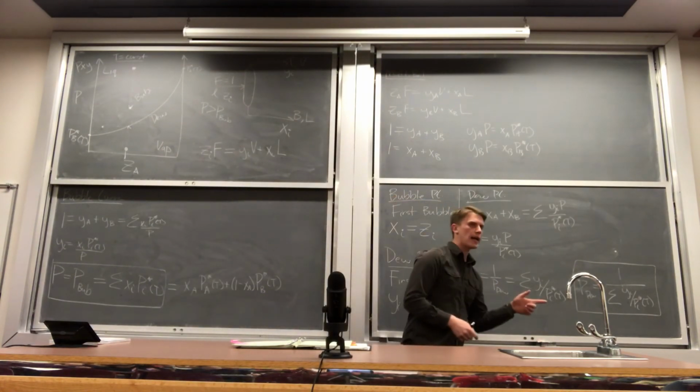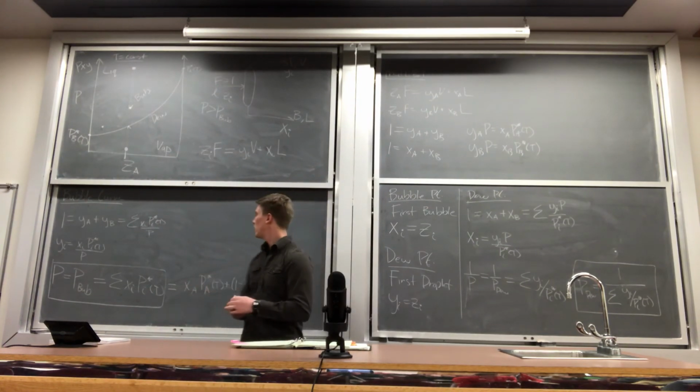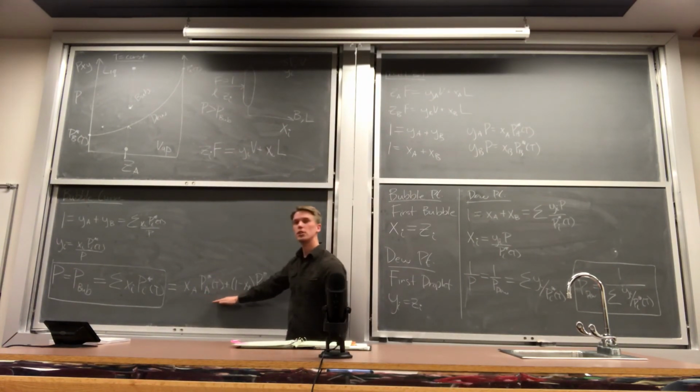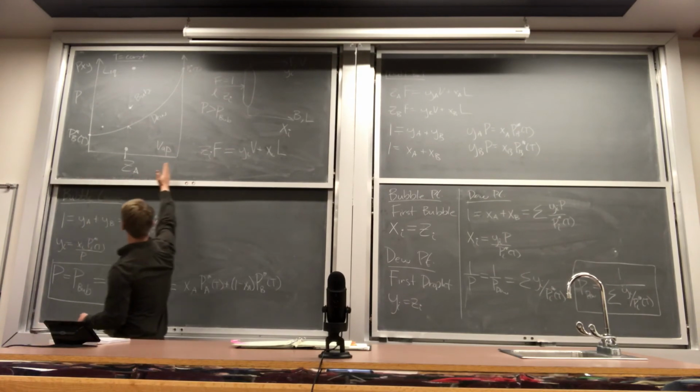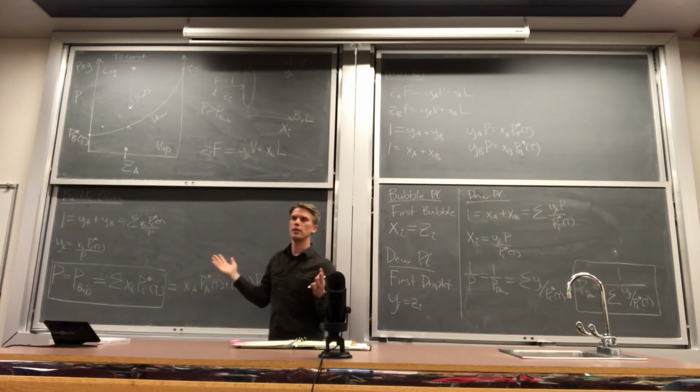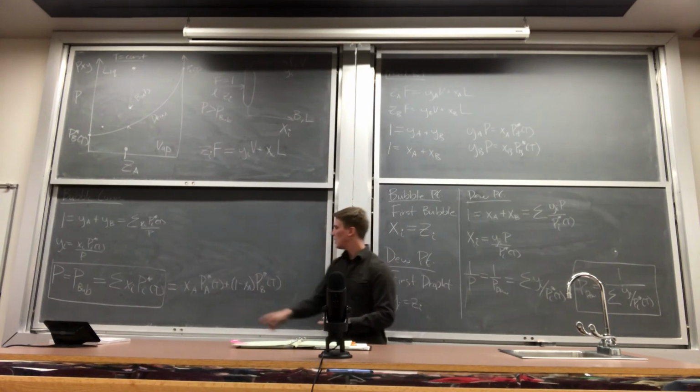So in order to plot out a Pxy diagram for the bubble curve and the dew curve, you have to apply this expression here, where you vary the composition of your system, going from maybe 0.01 to 0.99 in whatever point increments seems appropriate for the resolution of the graph that you want to make.